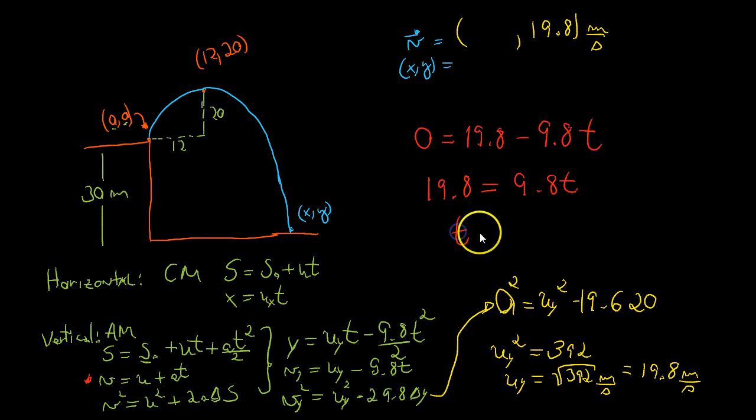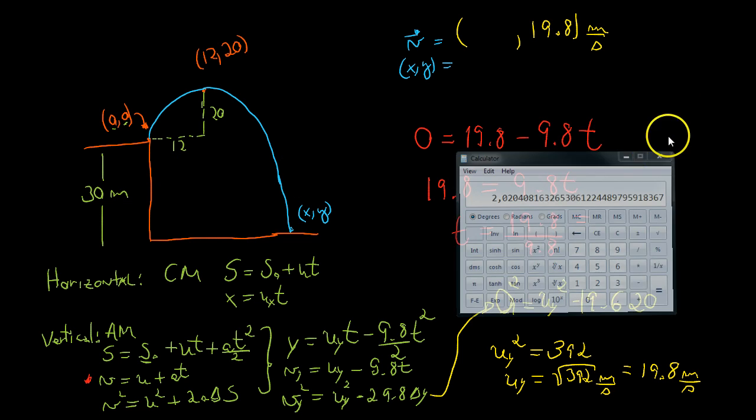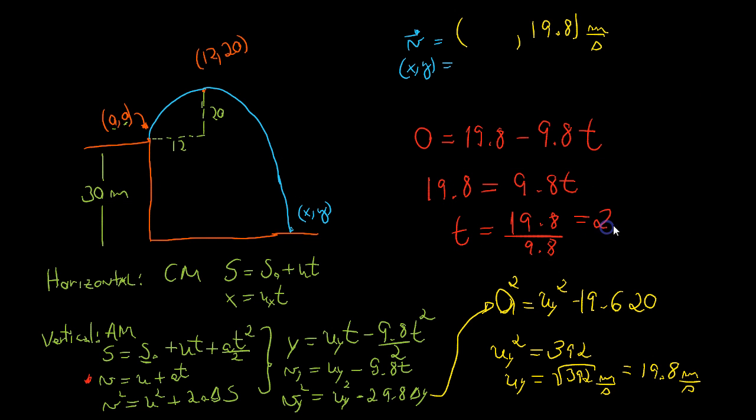Okay, therefore time equals 19.8 divided by 9.8, and this is going to be, calculator, 19.8 divided by 9.8, 2.02 seconds. Okay. 2.02 seconds. That's how long it takes for the particle to go from the origin to this point here.